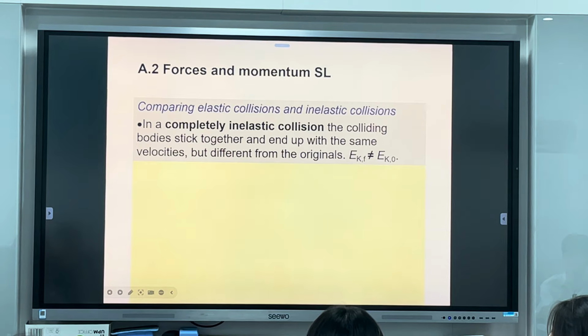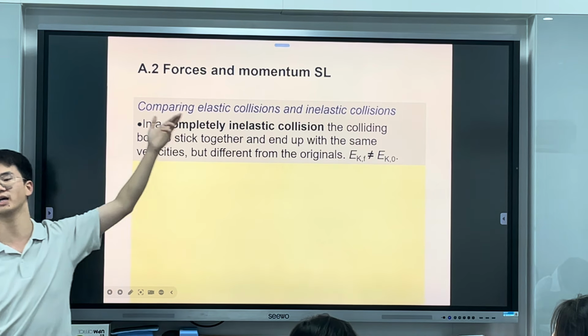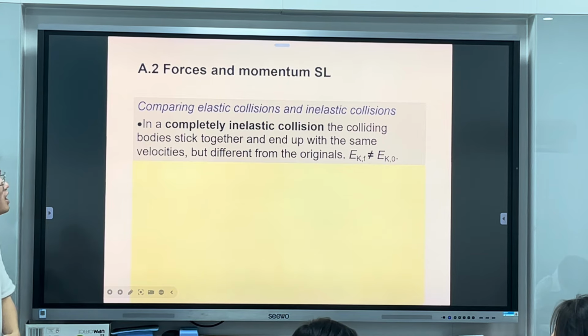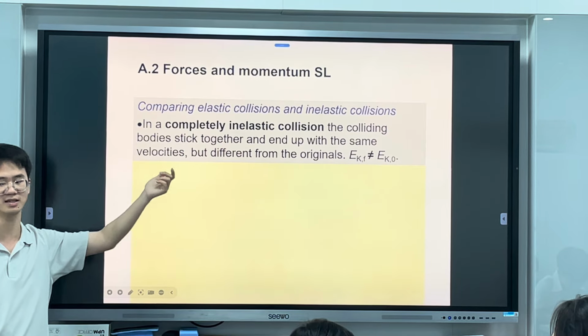Now, we have another thing called perfectly or completely inelastic collision, where the kinetic energy loss is the greatest. Okay, the kinetic energy loss is the greatest, and they always stick together and end up sharing the same velocity.